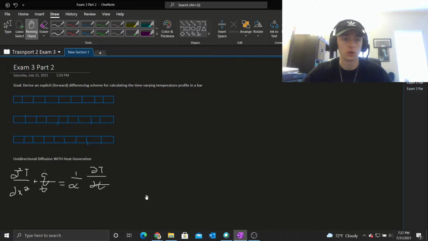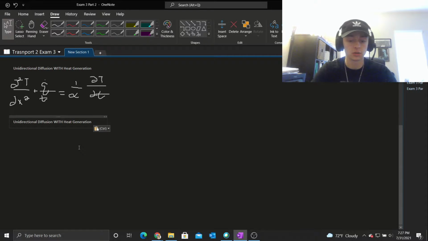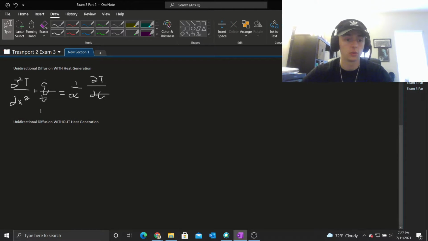So then if we wanted this equation without heat generation, we would write the same equation I had in the last video: the partial derivative of temperature with respect to time is equal to the thermal diffusivity times the second derivative of temperature with respect to position.